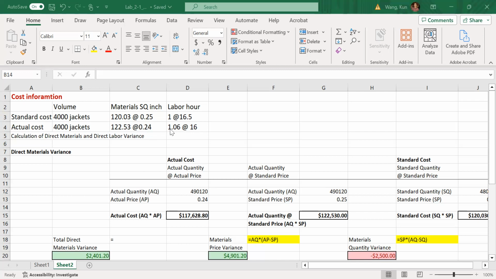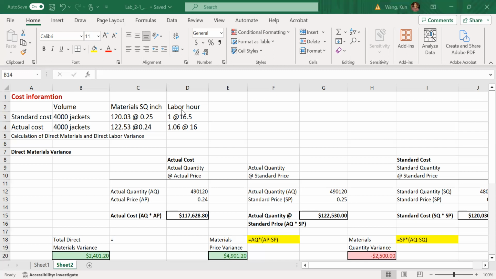And for labor, the hours we used were slightly more than the standard hour per jacket, but the actual pay is 50 cents lower. So you save on the labor price, but not on the quantity. But for labor, mostly because they involve human beings, we don't really say quantity.